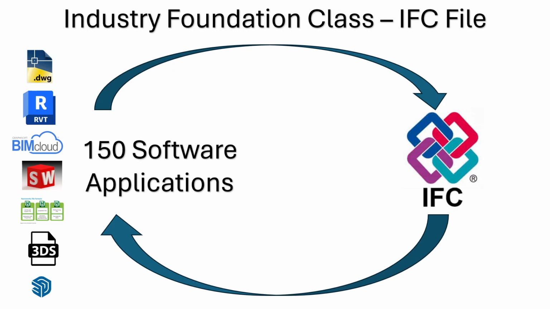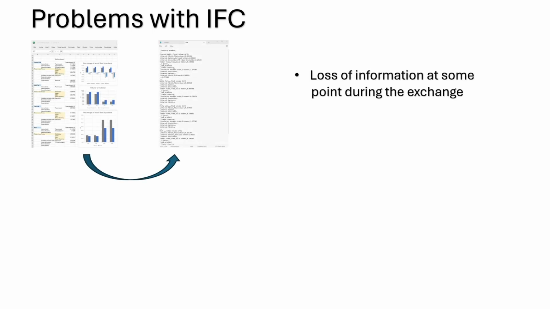And then from platform to platform, that information should all be fine. So that's the whole idea behind this. However, there are still problems with the IFC file format. There are still some information losses at the point of exchange.